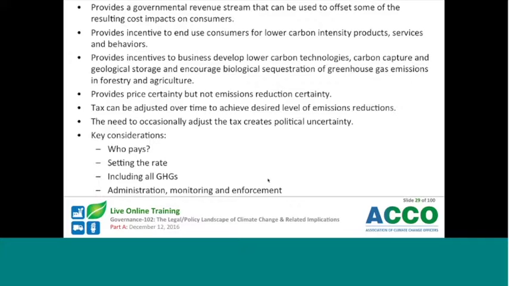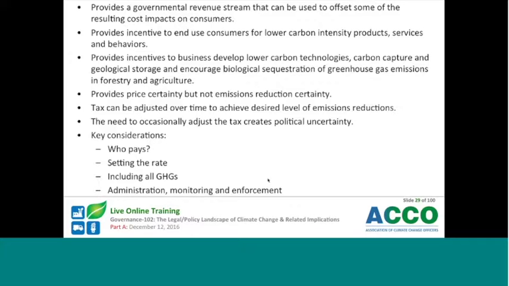If you're making long-term business decisions and you don't know what the price of carbon is going to be, it's very difficult to factor that into your decisions. So while there are some perks in the flexibility, that flexibility in and of itself can create uncertainty that's problematic.